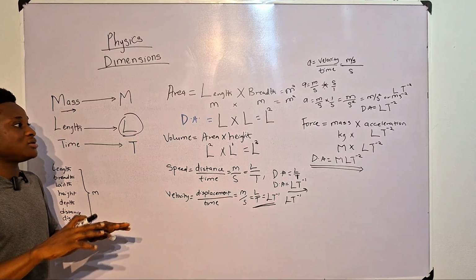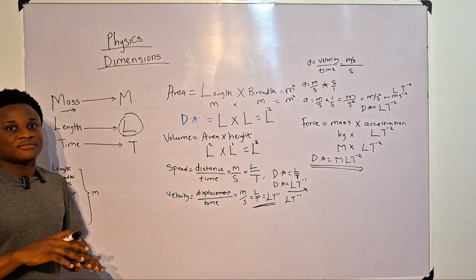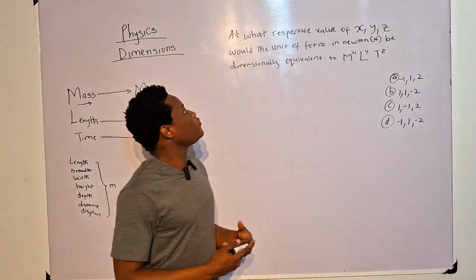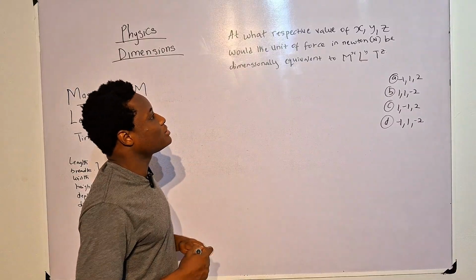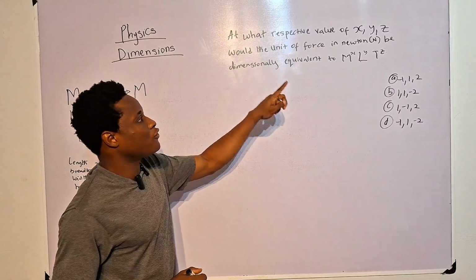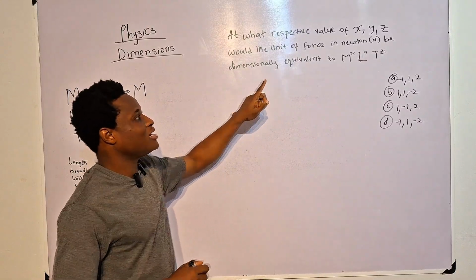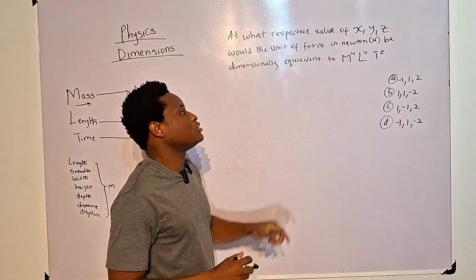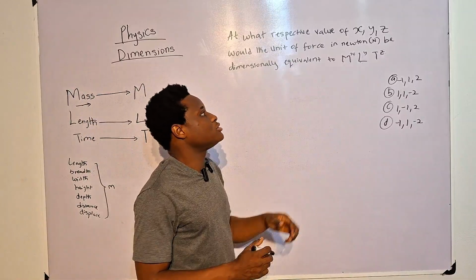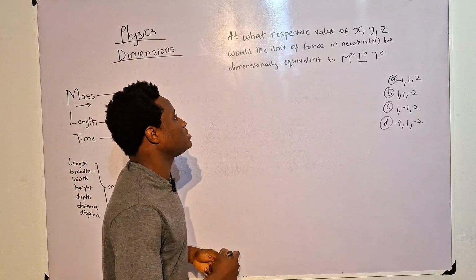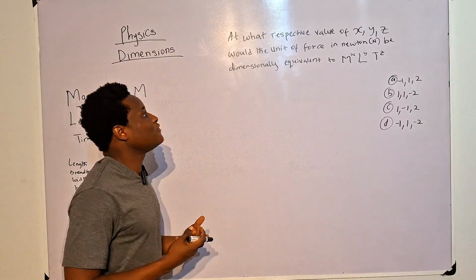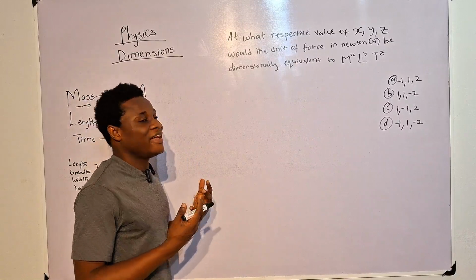This is very easy. Very, very easy. I have a question here that says, at what respective value of x, y, and z would the unit of force in Newton be dimensionally equivalent to m raised to power x, l raised to power y, and t raised to power z? What is the equivalent value of force in dimension?